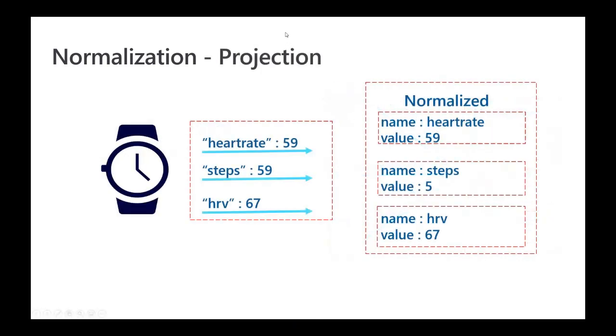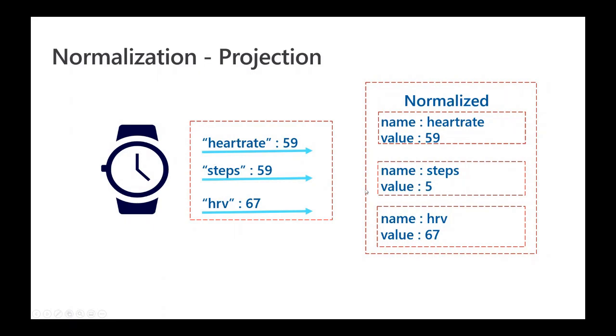Another important thing that we do in normalization is projection. A lot of times devices will send up essentially one message with various attributes for different vital signs. This is great from the device's standpoint because they're usually sampling these at the same frequency, and sending one message is convenient and practical for them.